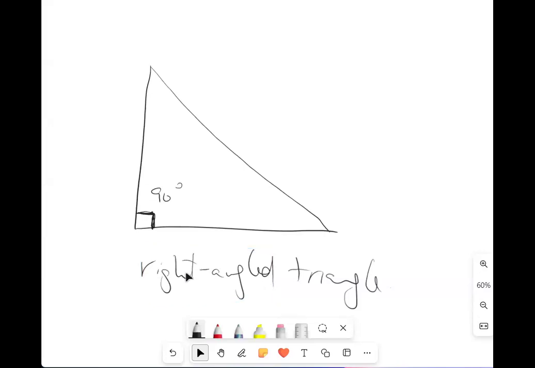They just say right angle triangle. This longest side here, they call it the hypotenuse.